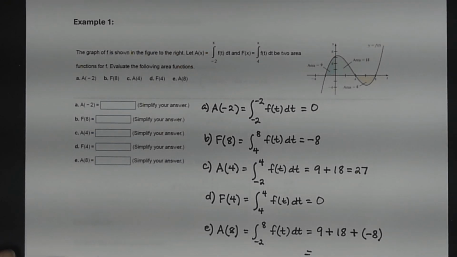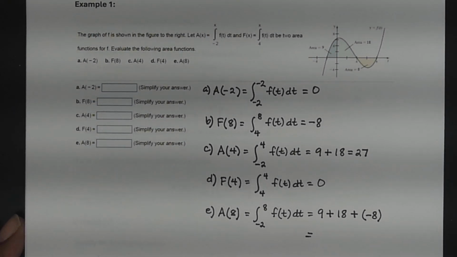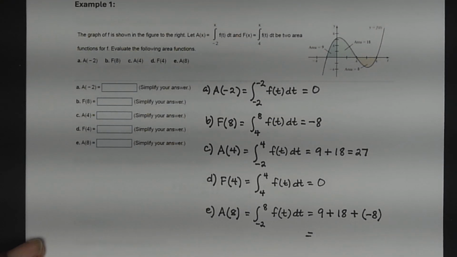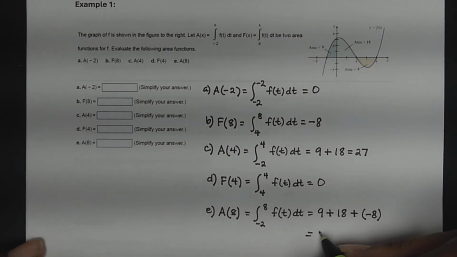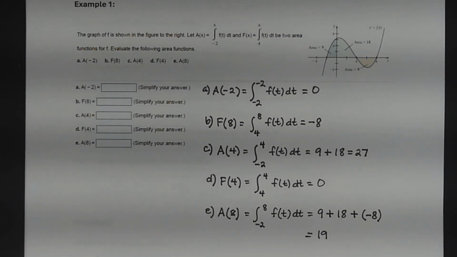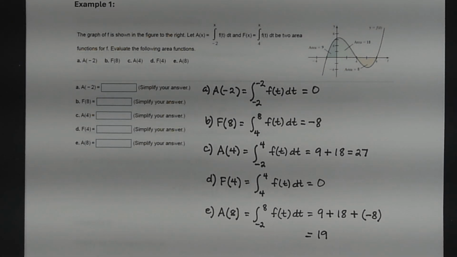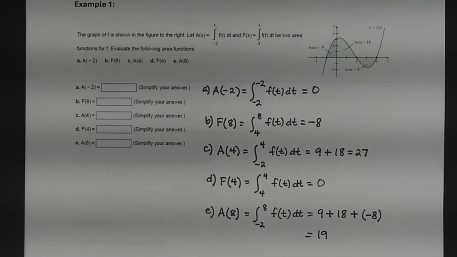So if I add 9 plus 18, that's 27. 27 plus negative 8 would be 19. So A of 8, the integral from negative 2 to 8 of f of t dt, that final answer there would be 19.